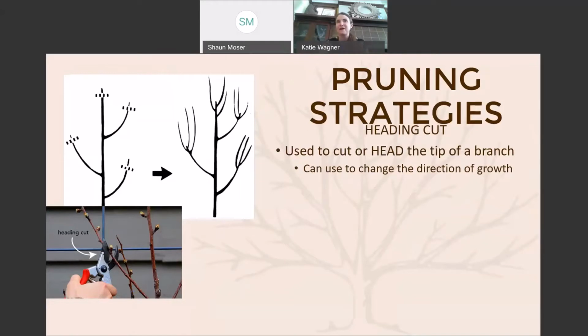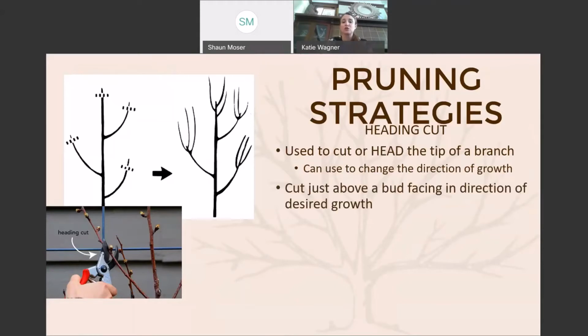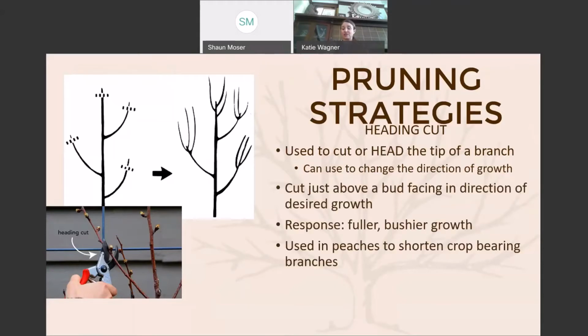Why? Think about that. Why wouldn't I do a heading cut? Big flush of growth right at the tip. Well, if I have growth that's being generated out of the tip, then I have potential shading happening to the interior portions of that tree, and that's not what we desire for fruit production, okay? Where we do utilize heading cuts is in peaches and nectarines and our stone fruits.